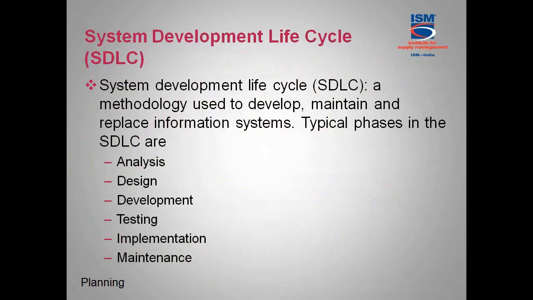Then on the basis of that you can design the system. Then you can develop a prototype and test it. If it is correct, then you can develop the complete process. Then again test it, and after testing, you can start the implementation. Once the implementation is over and you are using the process, then you can start the maintenance of this also. So these are the 6 different steps of the system development life cycle.